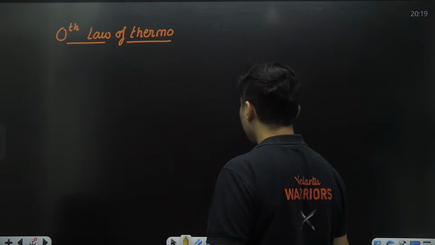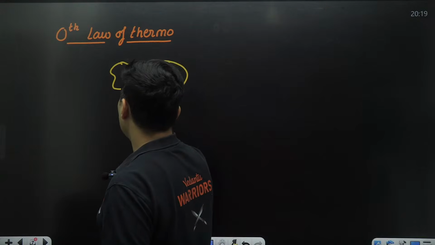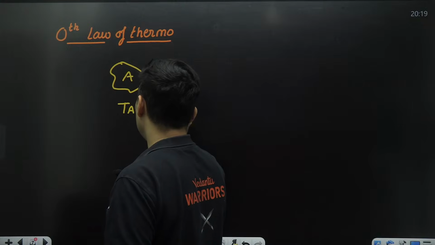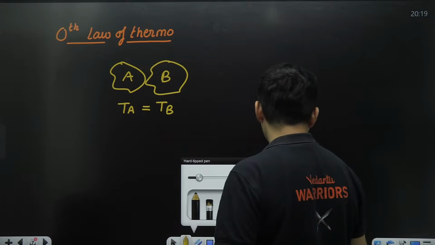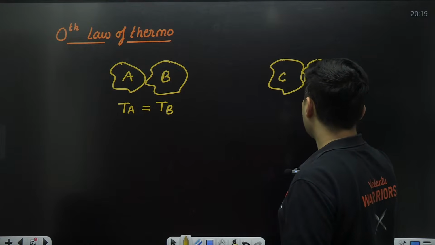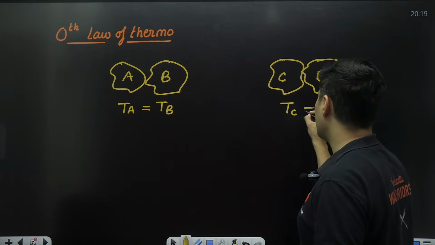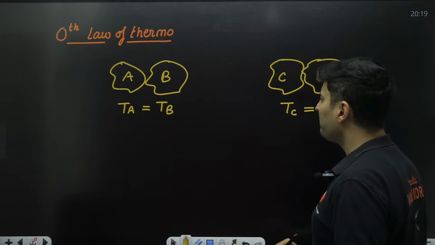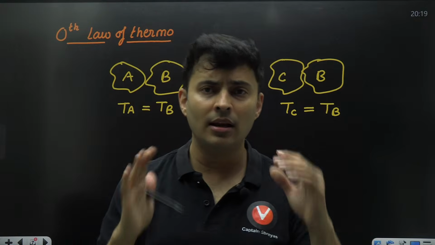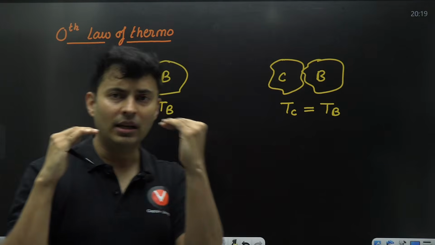It says that if body A is in thermal equilibrium with body B, that means temperature of A is equal to temperature of B, and it is also found that there is some other body C, which when kept in contact with B, has no heat flow. So I can conclude temperature of C is temperature of B. When temperatures are equal, they are said to be in thermal equilibrium.